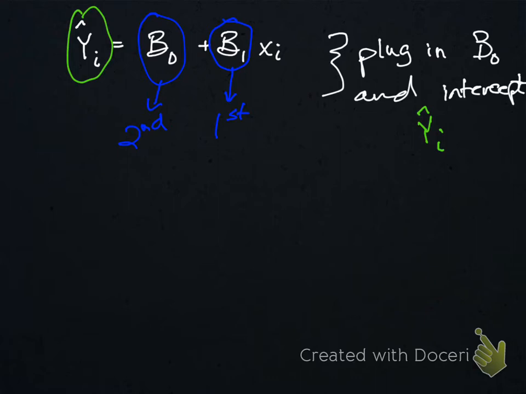So we're going to take these things in turn. We're going to start with calculating the slope parameter. To calculate the slope parameter, we're going to use the following equation.